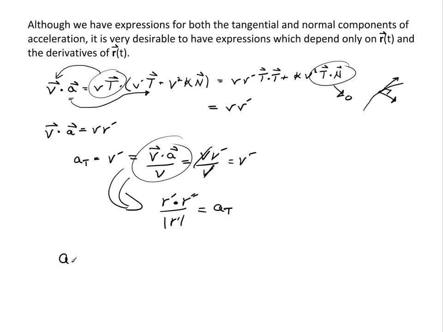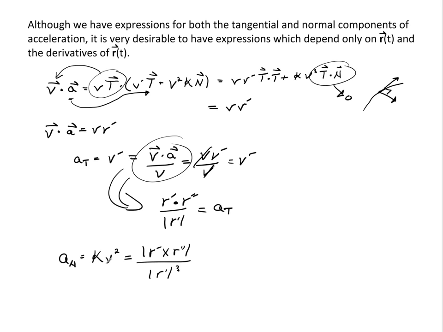Now a sub n, the normal component, is the curvature times v cubed. Nope, v squared, I'm sorry. And curvature we defined before as simply being equal to the magnitude of r prime cross r double prime divided by the magnitude of r prime cubed.